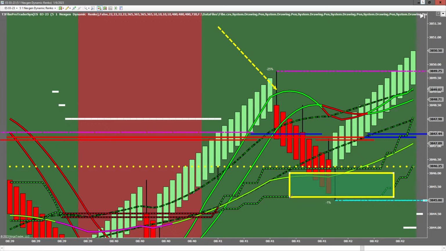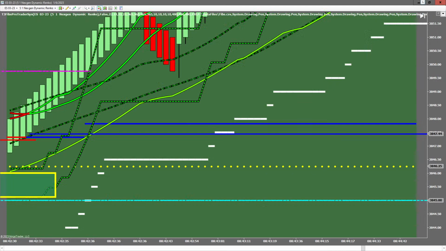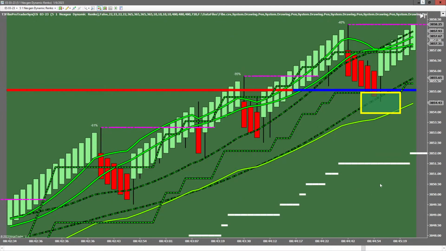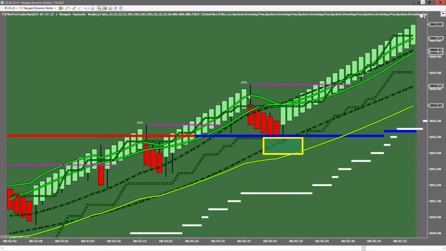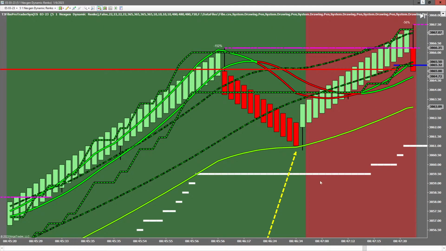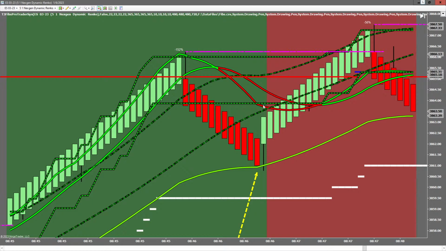Does that make sense? They can turn, it's okay. Sometimes they have to turn in order to get down to the right spot. Small trigger location is key to whether you take a trade or not, or whether it's an easy trade or not.